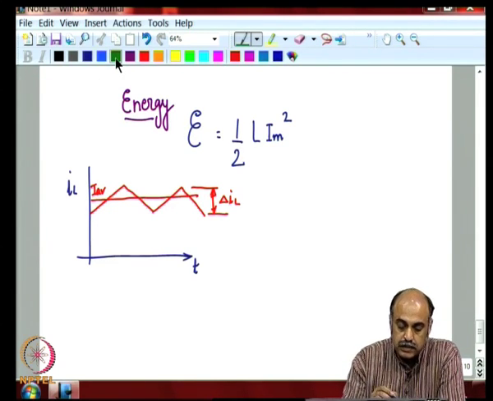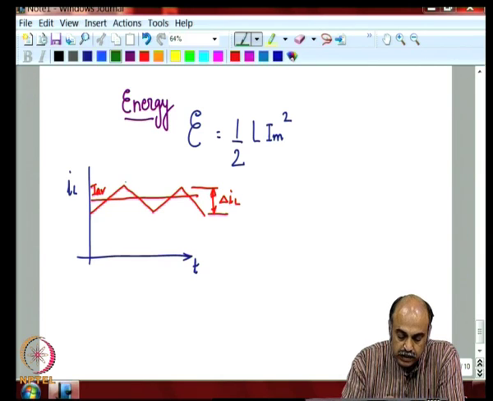So, where is the maximum energy? When the current is maximum, you will see that the maximum energy is stored.